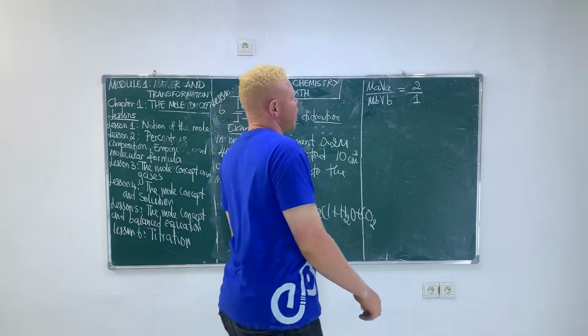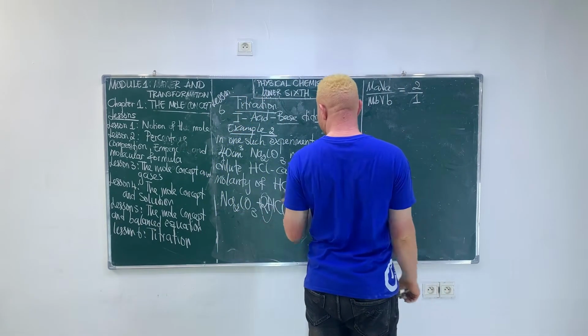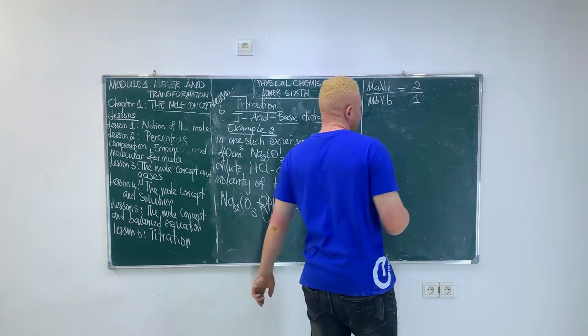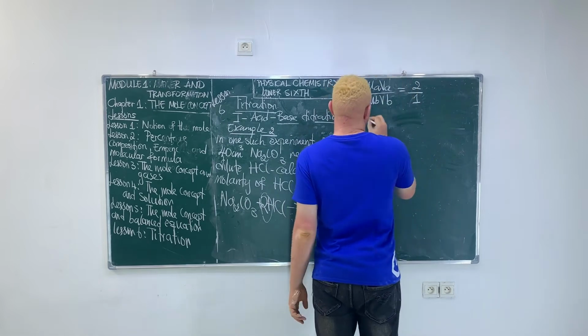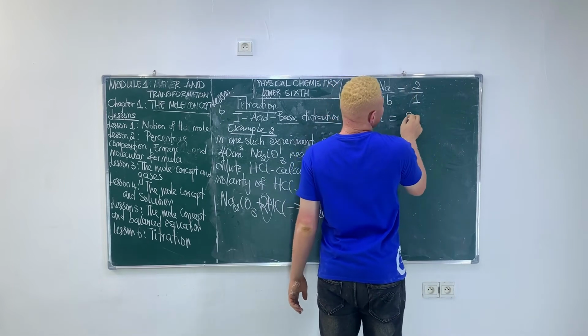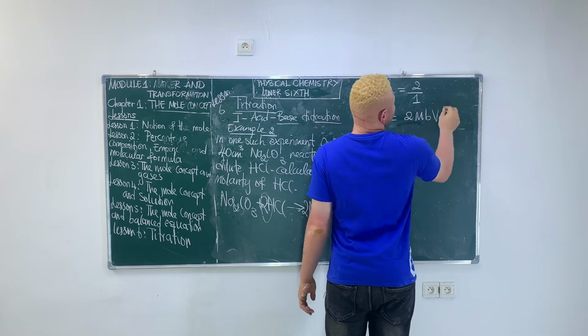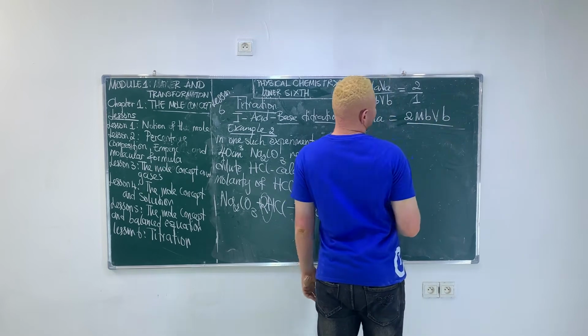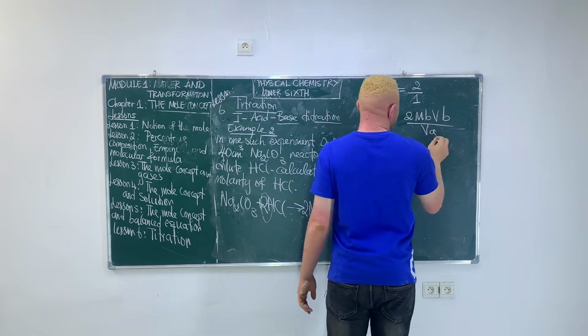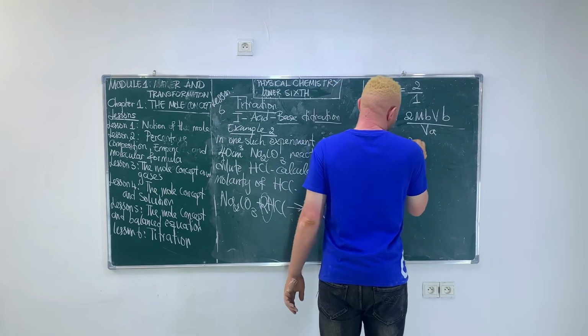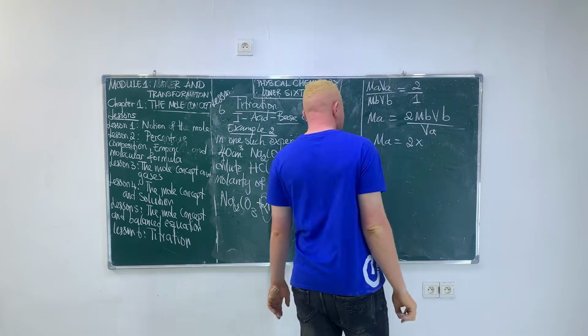By so doing, we are going to make the molarity of acid the subject of the formula. Molarity of acid equals 2 and volume of acid.